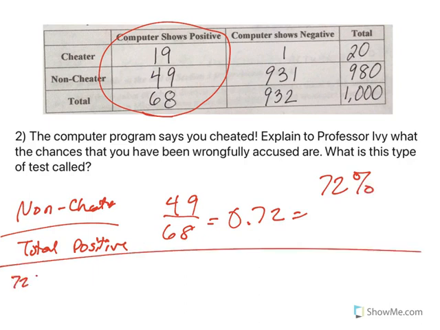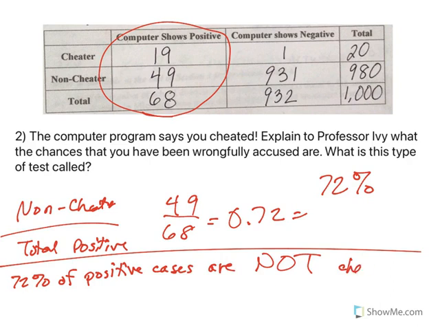That means 72% of positive cases are not cheaters, right? Which to me is a little like, what do you do for these students? Because if I did not cheat and I've been told that I'm a cheater, I'm going to have an issue with that. So we do have to think of those cases as well.